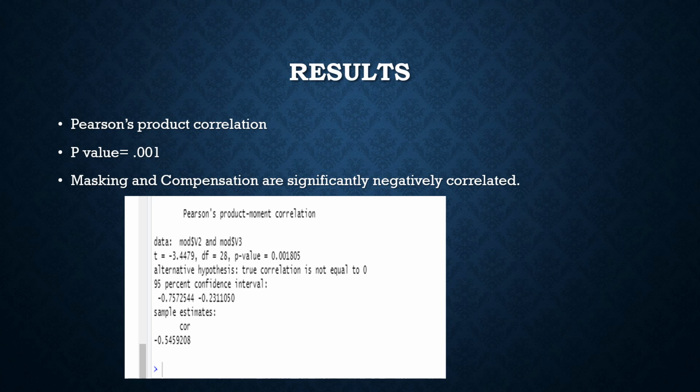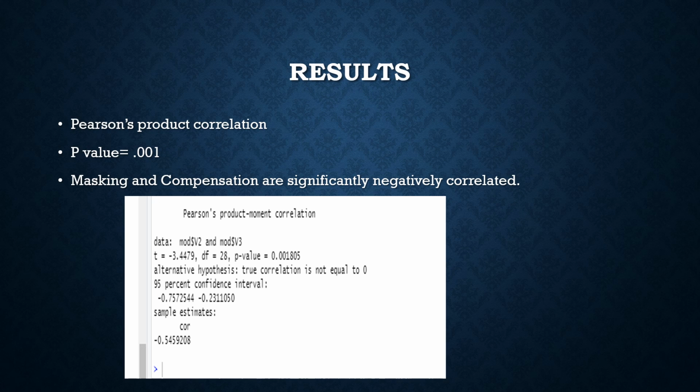All right, so back to our hypothesis testing. As I mentioned earlier, we were looking at masking and compensation, and as such we hypothesized that we would have significantly positive correlations based on the fact that our data is normatively distributed.